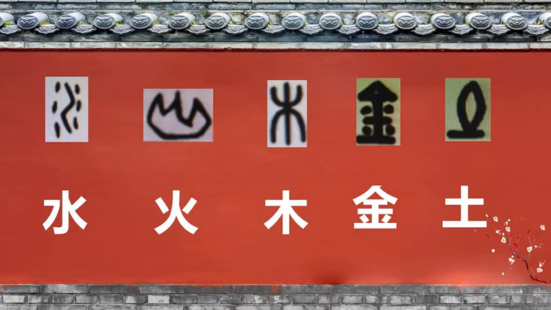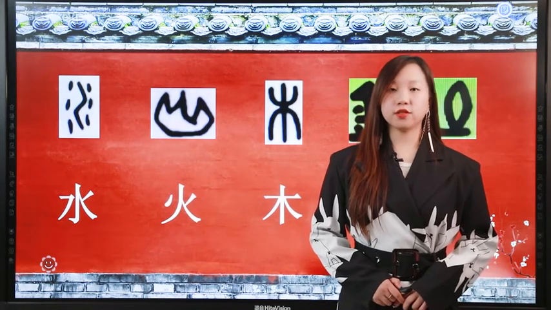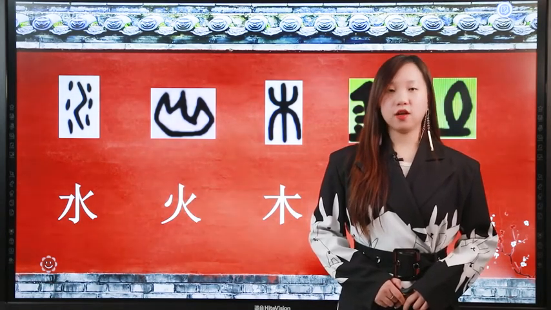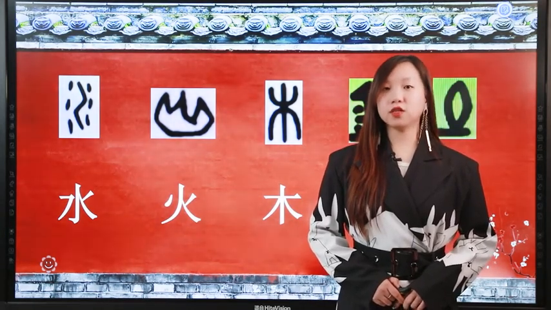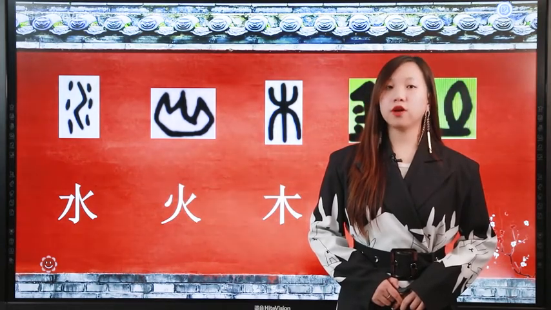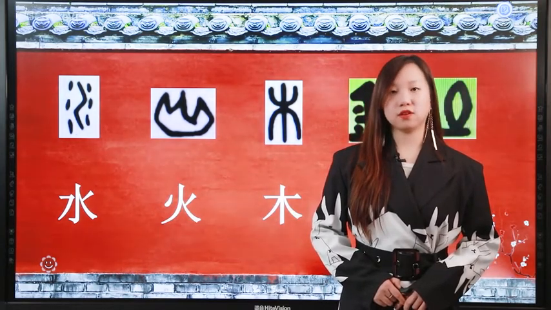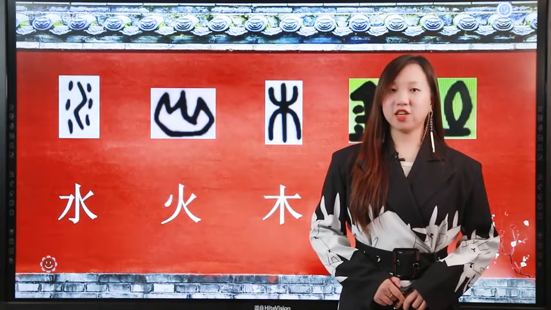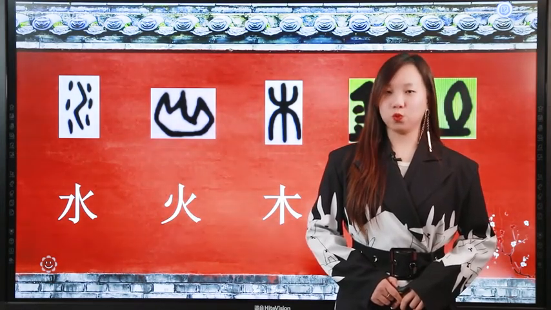These words have been in common use since ancient times. About 20% of the 8,000 to 9,000 Chinese characters in use today are made up of these words. More than 2,500 years ago, Asian people used water, fire, wood, metal, and earth as symbols, which are the 5 elements in Chinese medicine. We call it 五行.